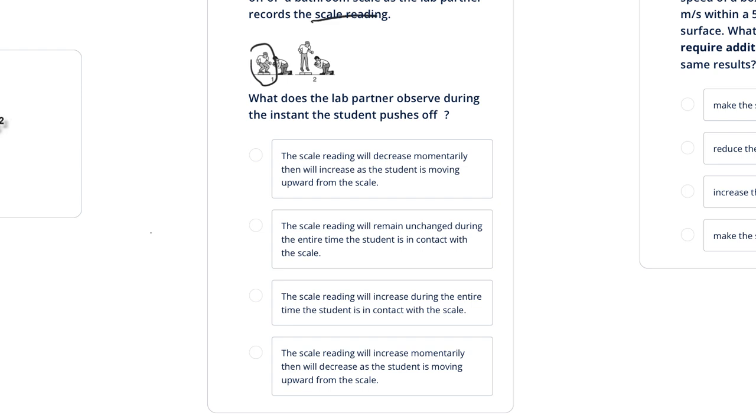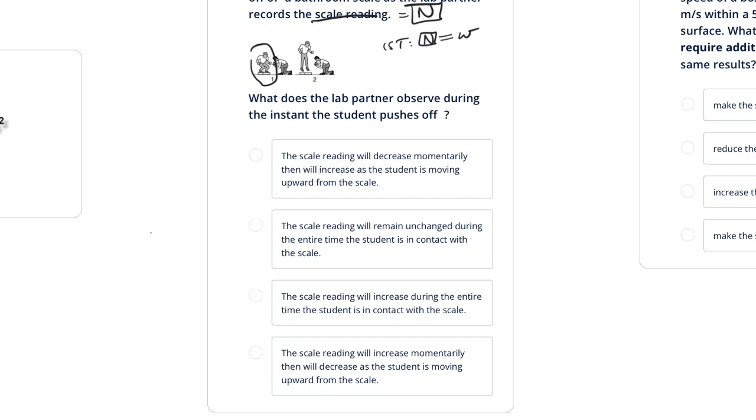Now, a scale reading is equal to the normal force, always. And if he's at rest on the scale, the weight equals the normal force. So at first, when he's standing on the scale, the normal force, the scale reading, is equal to his true weight.